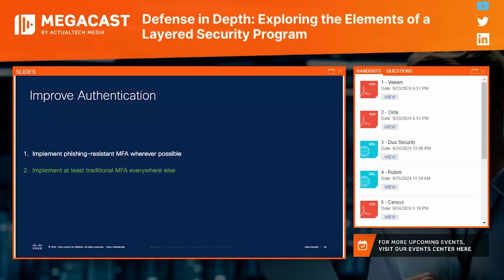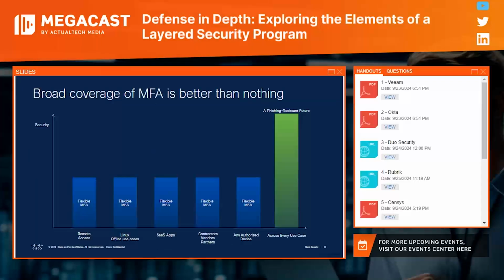I understand that there are going to be some road bumps to getting to phishing resistant MFA in every use case. But once you get to those road bumps and they become too severe to continue pushing for new areas, getting traditional MFA everywhere else is really important. Because basically broad coverage of MFA is definitely better than nothing.